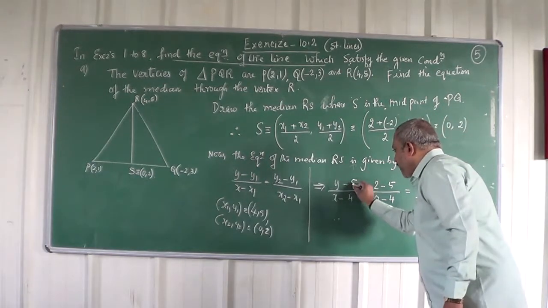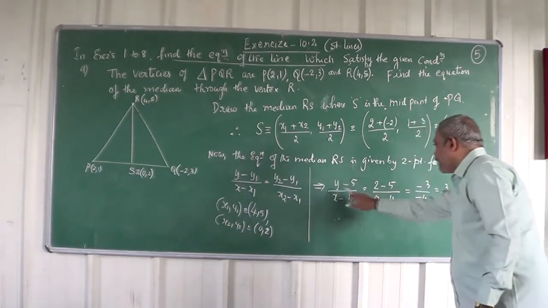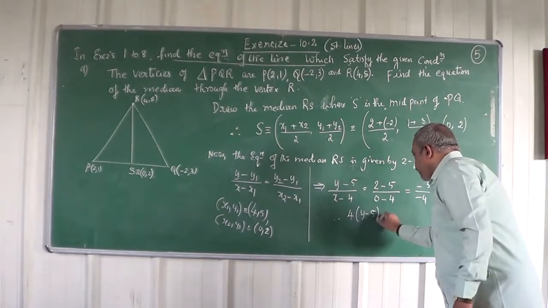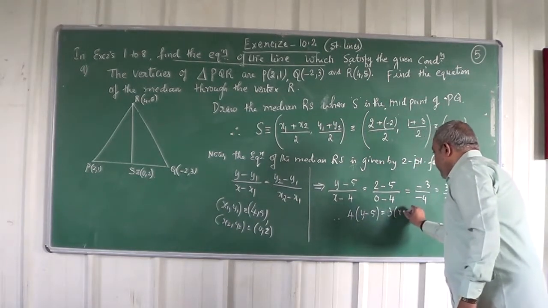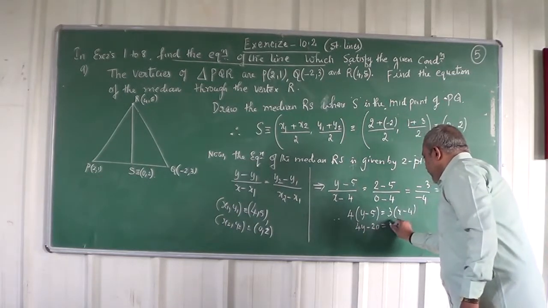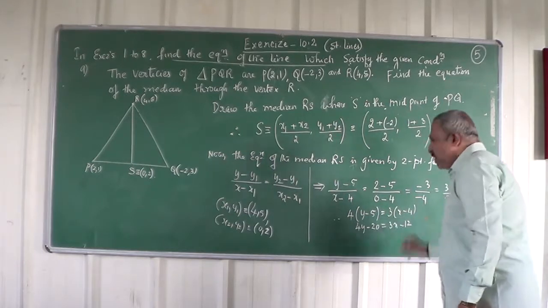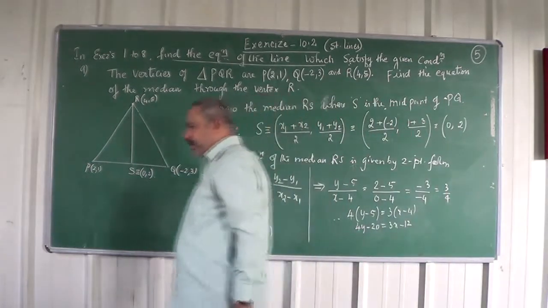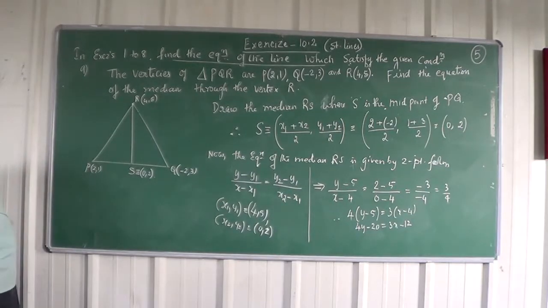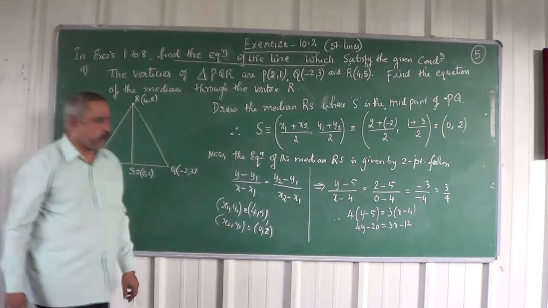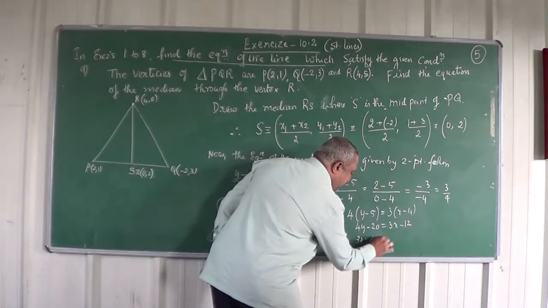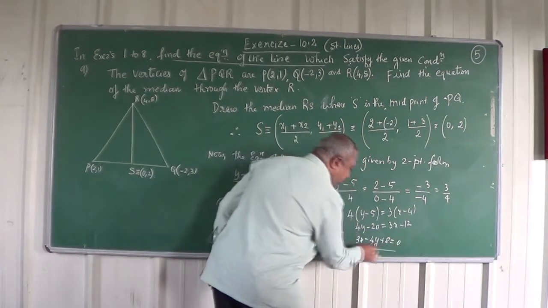So you have to multiply y minus 5 by 4. I am cross multiplying: 4 into (y minus 5) equals 3 into (x minus 4), or 4y minus 20 equals 3x minus 12, and finally you write the equation of the straight line. The equation of the straight line is 3x minus 4y plus 8 equal to 0.